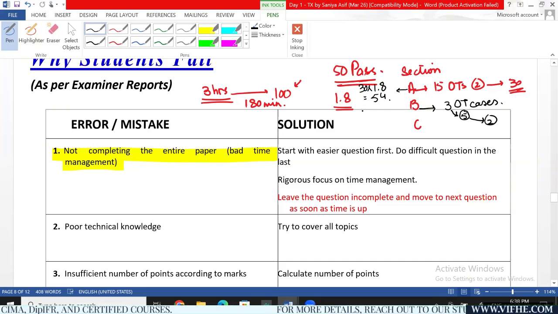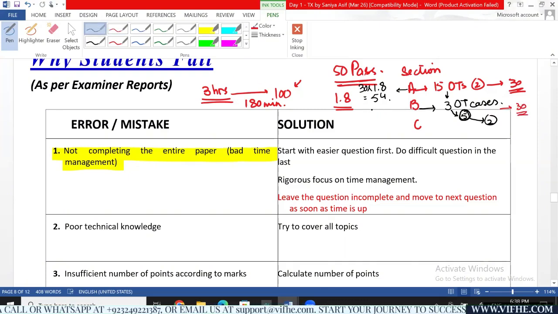So when you have 5 OTs in every OT case, and there are 3 OT cases, altogether you'll have to go through 15 OTs. Every OT carries 2 marks, so once again this will be 30 marks in total.